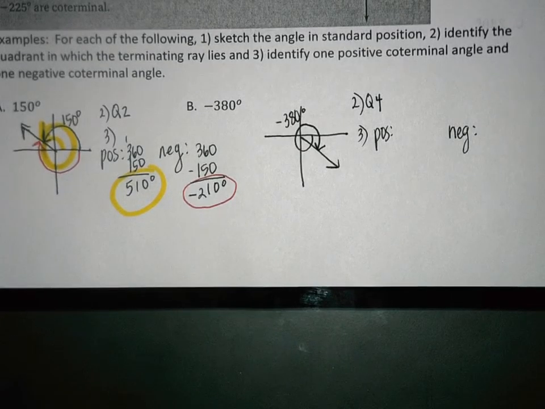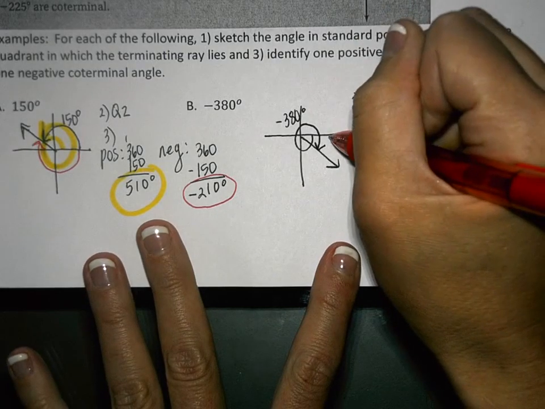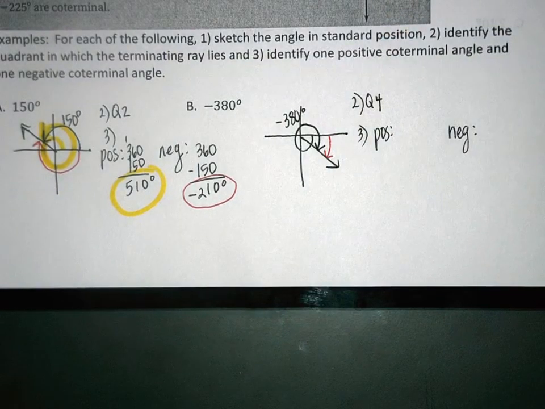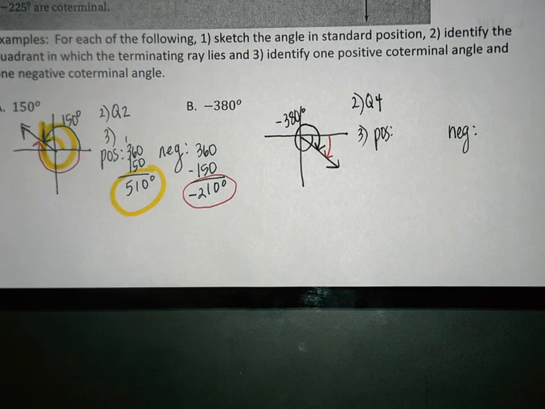You can talk in your groups about it and then we'll come back together and see if we got it figured out. I'm going to give you a hint for the negative. I just put a little red arrow there to give you an idea of what you could do for the negative coterminal angle.